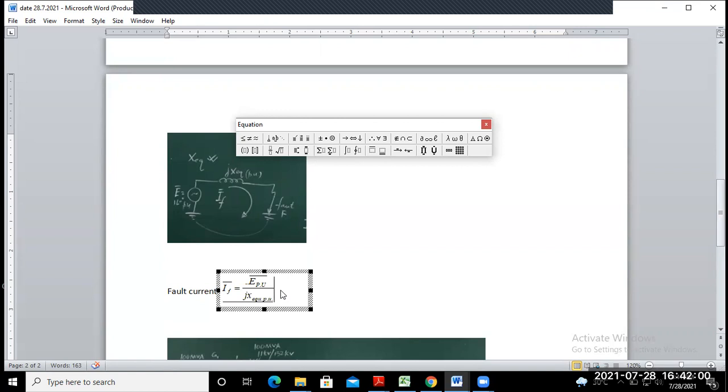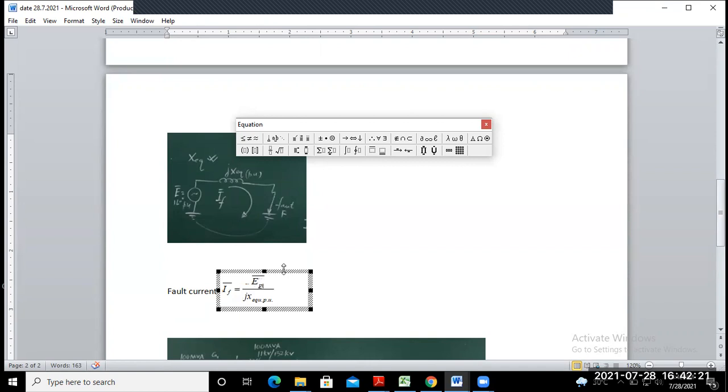So it is represented something like this, E in per unit. So how can we find out the actual fault current value?